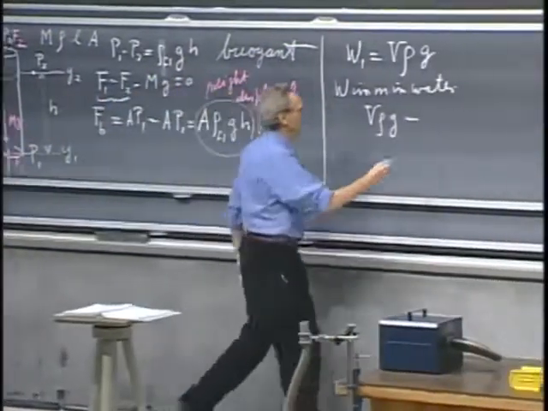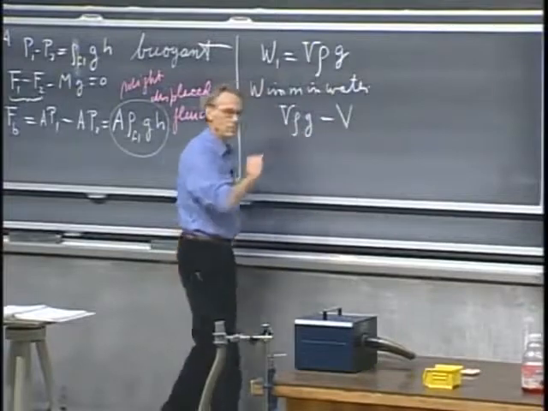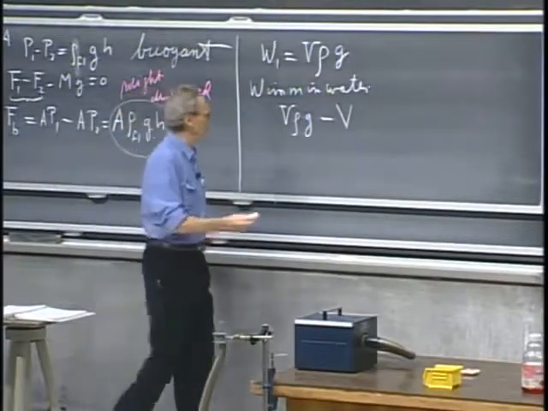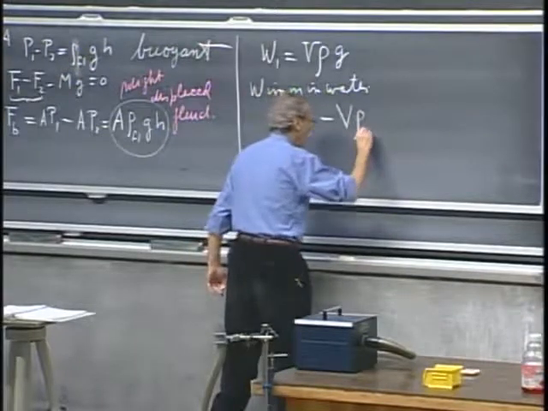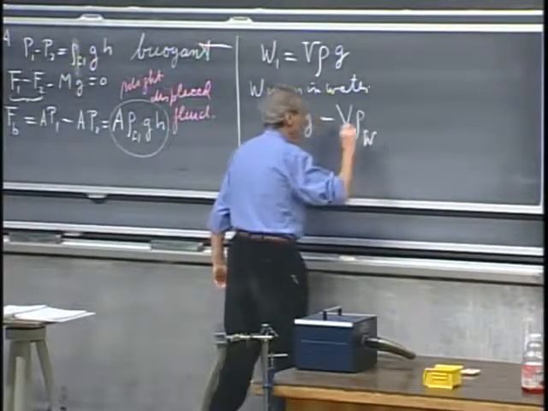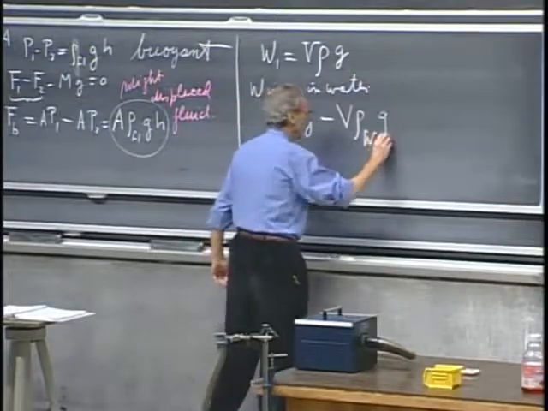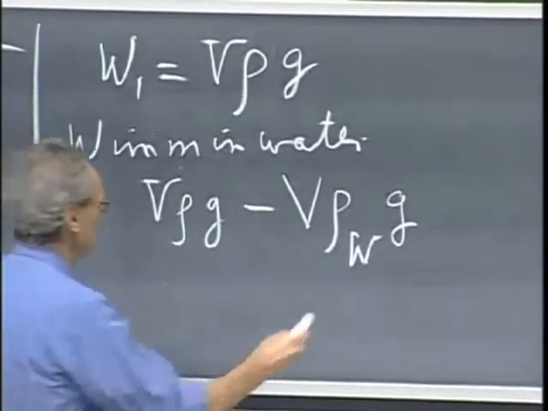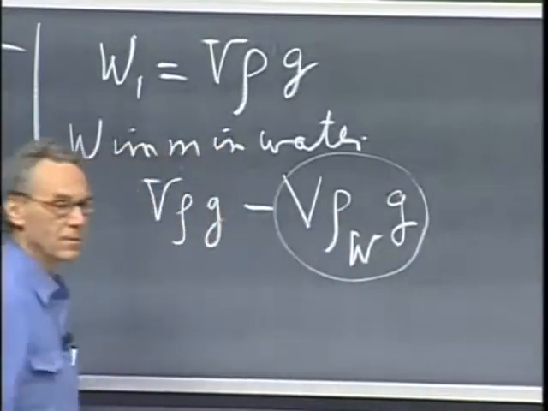And the weight of the displaced fluid is the volume of the crown, because the crown is where the water has been removed, times the density of the fluid, which is water, which he knew very well, times g. And so this part here is weight loss.